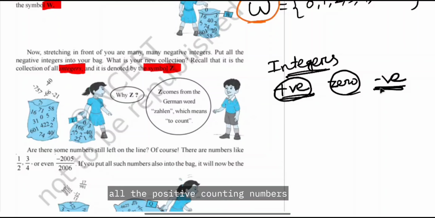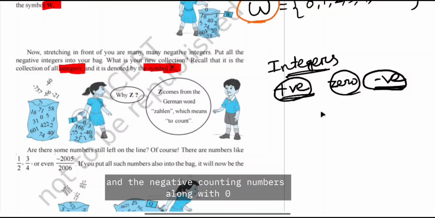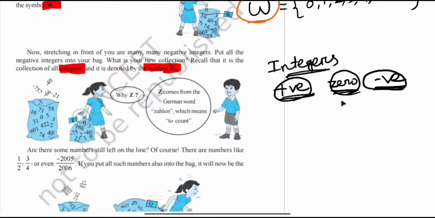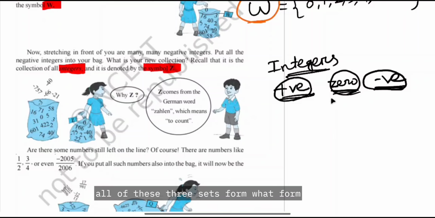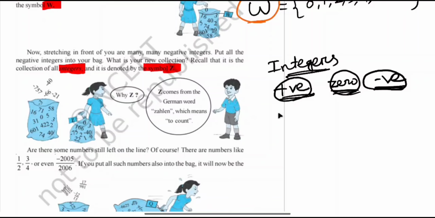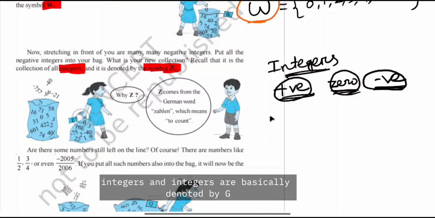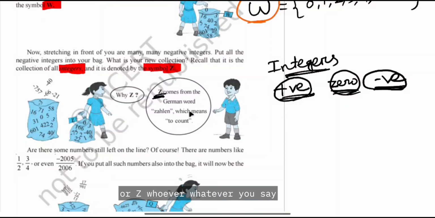All the positive counting numbers and the negative counting numbers along with 0, all of these three sets form the integers. And integers are denoted by Z, or whatever you say.